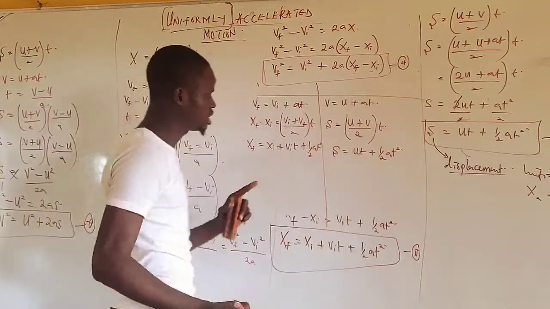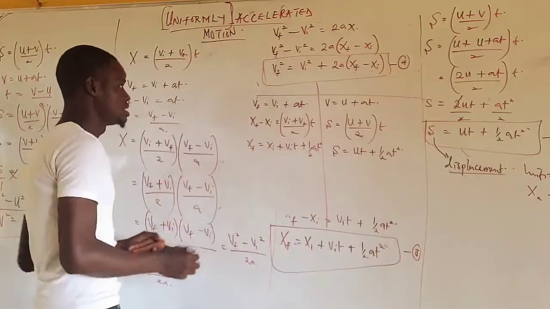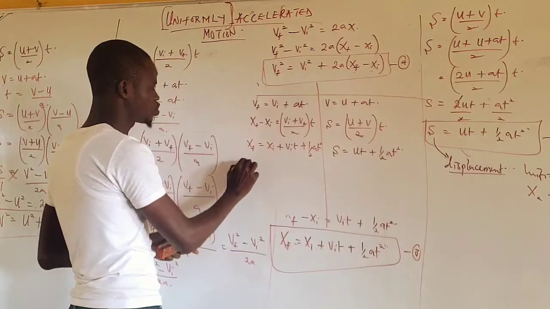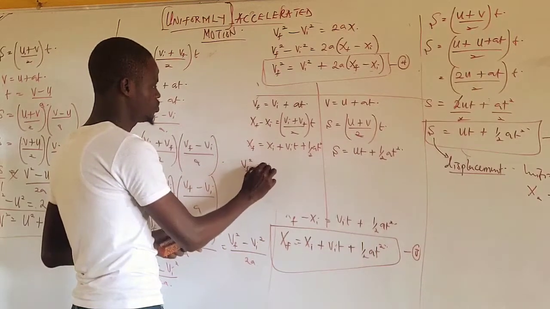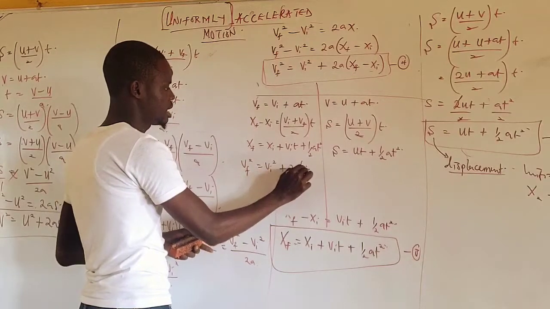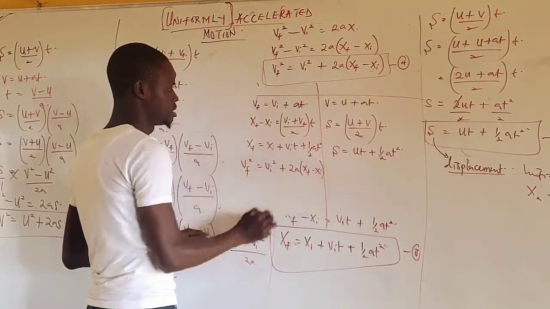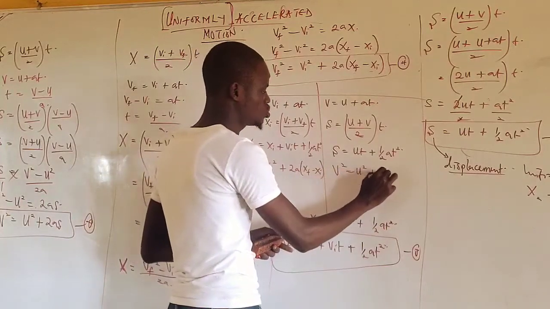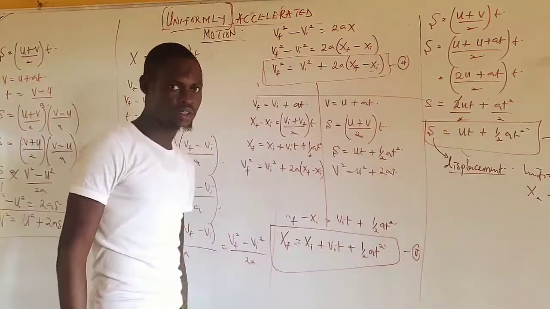Please, if you are not following from the beginning, you will not understand what I'm saying here. Then the last equation is vf square equals vi square plus 2a(sf minus si), which is the same thing as saying v square equals u square plus 2as.